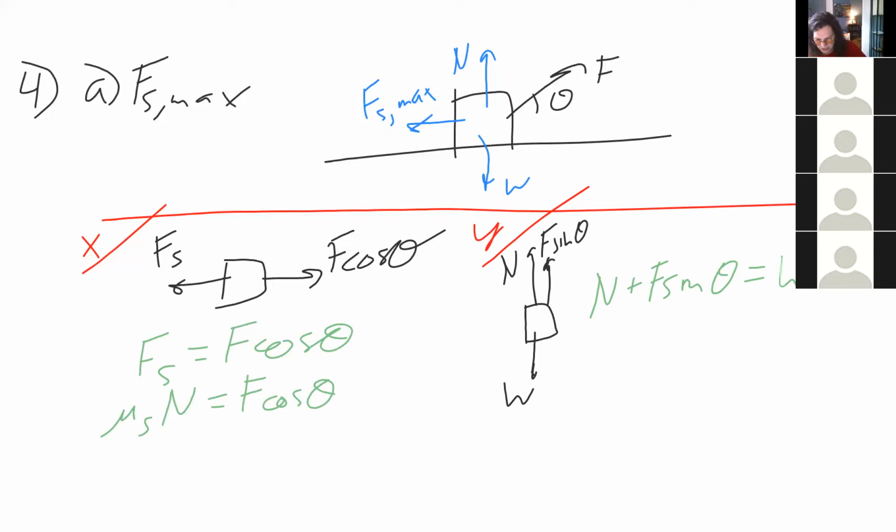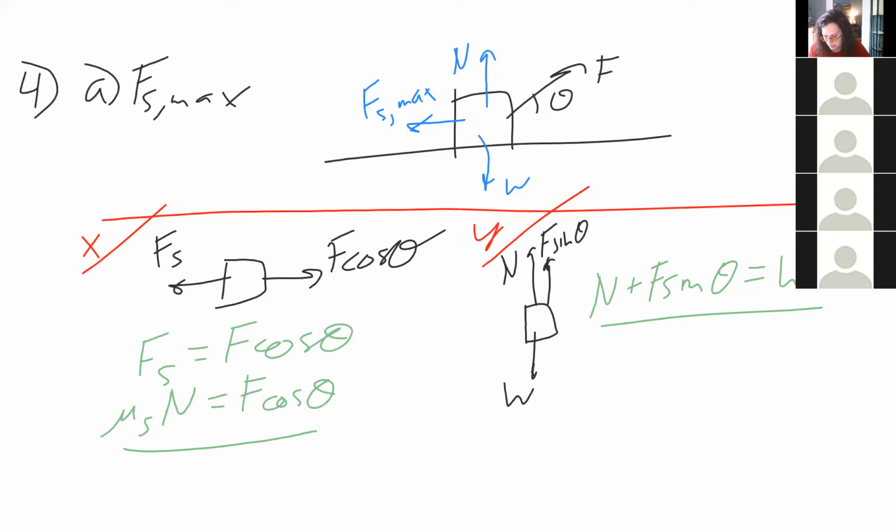What is of interest to us here? Well, we know that ultimately we want to solve for the applied force F, and we now have two equations that relate that applied force to the normal force. So it's a system of two equations essentially that we need to solve.